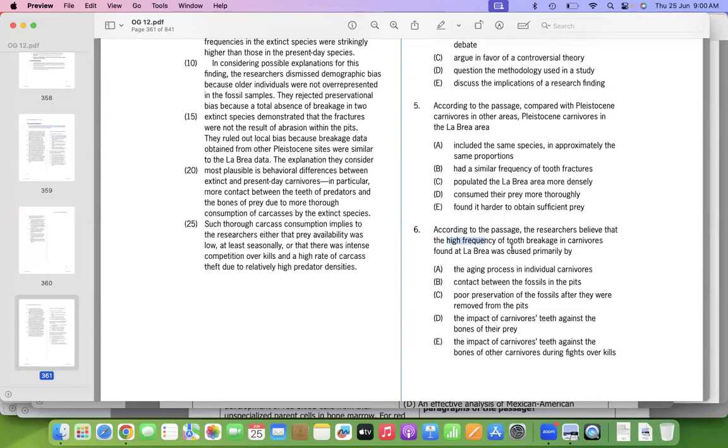High frequency was caused by what? Now, this is the point of reference, what they consider plausible, which is by impact of teeth, D. It's got nothing to do with fights. It's not preservation bias. It's not demographic bias. That's why D.